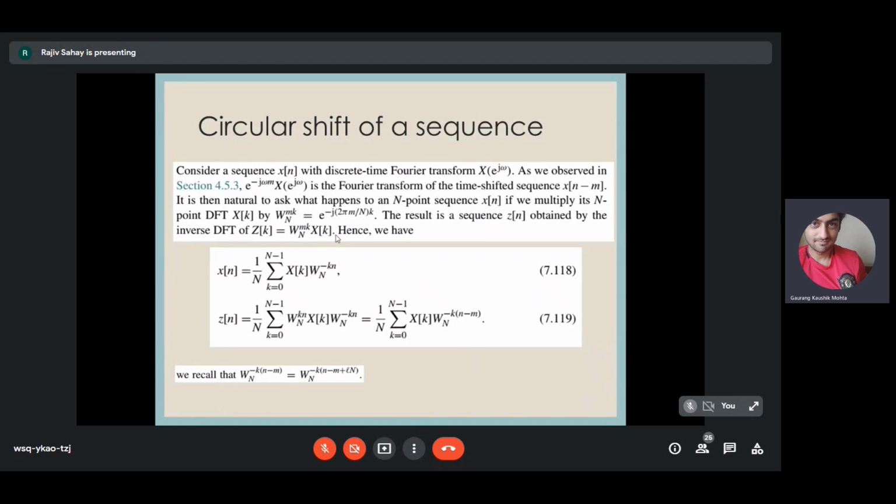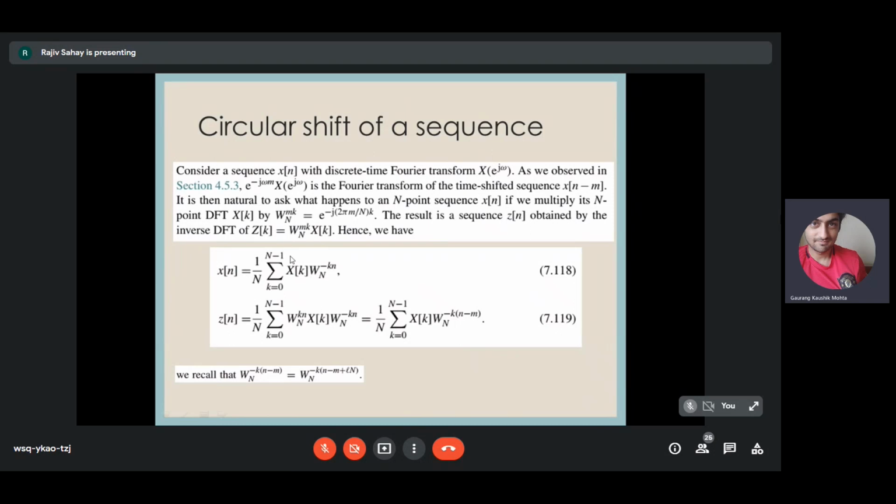It turns out that we get x[(n minus m) modulo N]. That is called circular shifting of a sequence. So x[n minus m] is linear shifting. Circular shifting is x[(n minus m) modulo N].